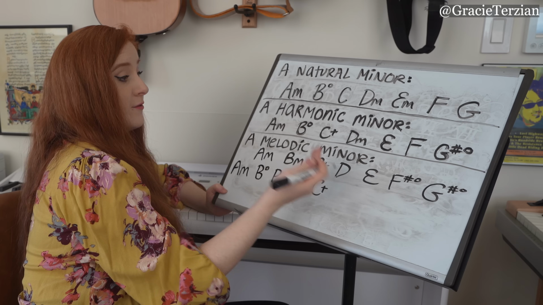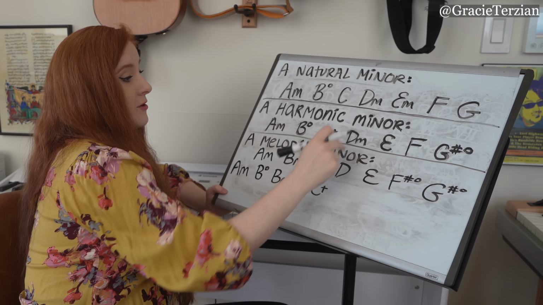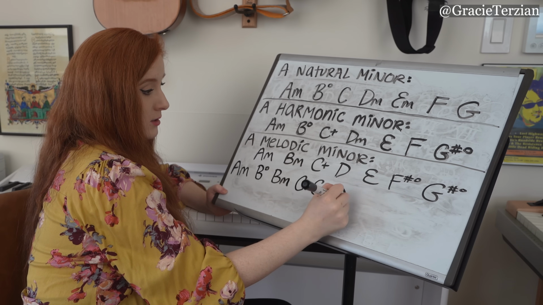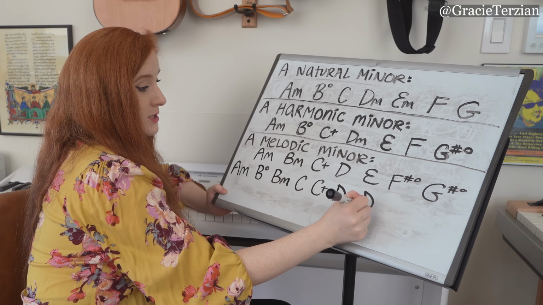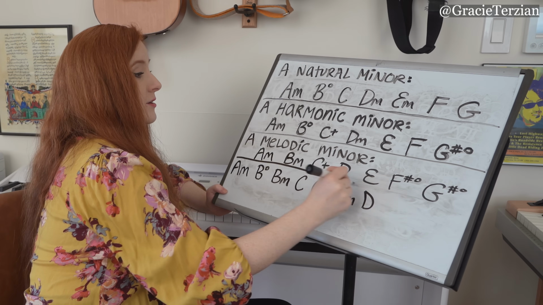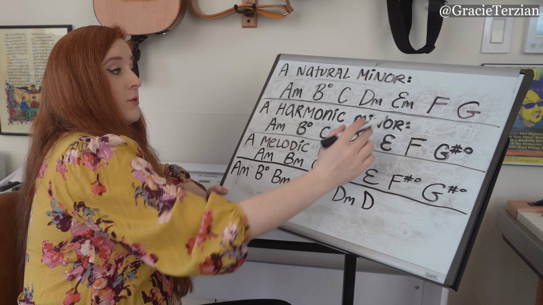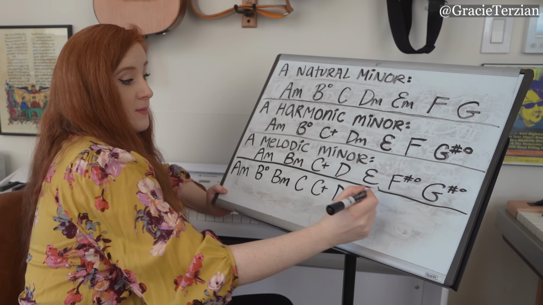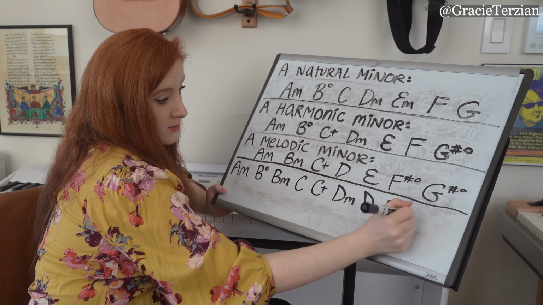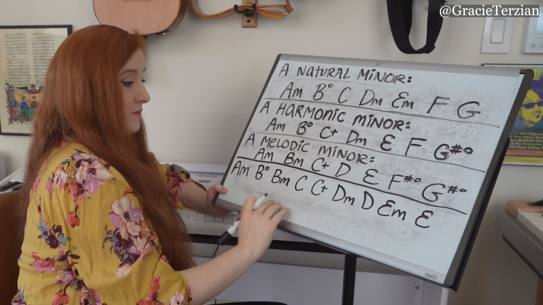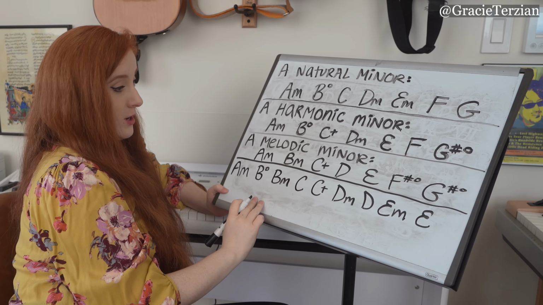For the fourth degree, we have, again, two options, D minor or D major. I'm going to draw a line here just to make it less confusing. Okay? For the fifth degree, we have two options, E minor or E major. I'm going to have to move to a new row because we have so many chord options.